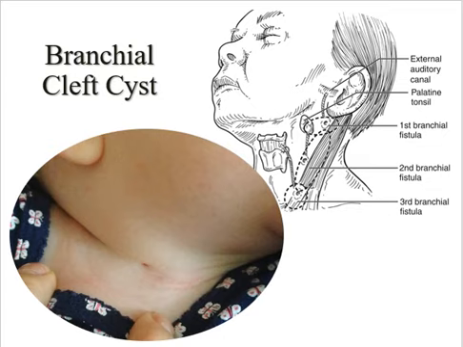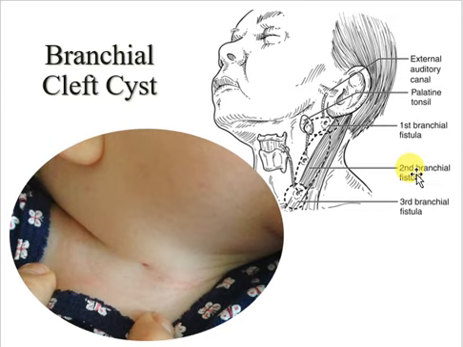Branchial cleft cysts or fistulae often have tracts that extend from a site of embryologic origin. They're congenital epithelial defects, which arise on the lateral aspect of the neck when the second, typically, the second branchial cleft fails to obliterate during embryonic development.